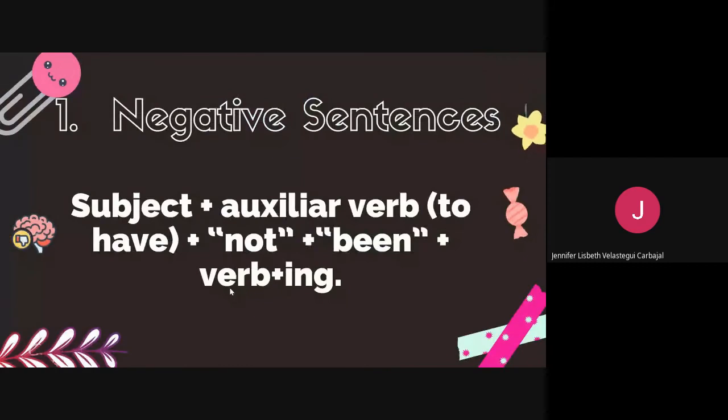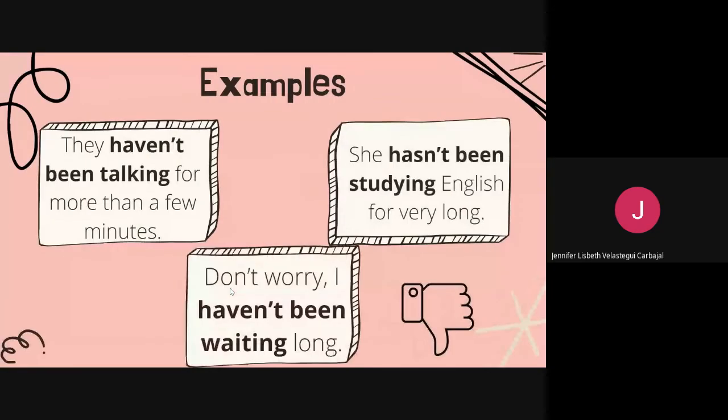In negative sentences, the order is similar to affirmative sentences, which imply adding not: subject, plus auxiliary verb to have, plus not, plus been, plus verb and ing. One example is: she hasn't been studying English for very long.